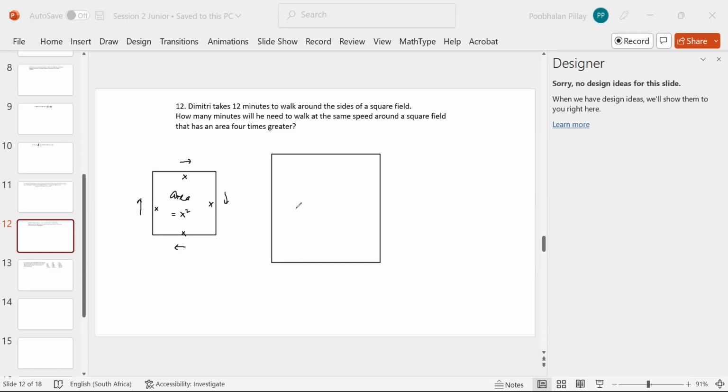If the area here is x squared, then the area of this is 4x squared. Now if the area of the square is 4x squared, what will the side be? Well, you have to square the side to get the area, so what must you square? Obviously, it has to be 2x. 2x, when squared, gives you 4x squared. So the side of this square is 2x.